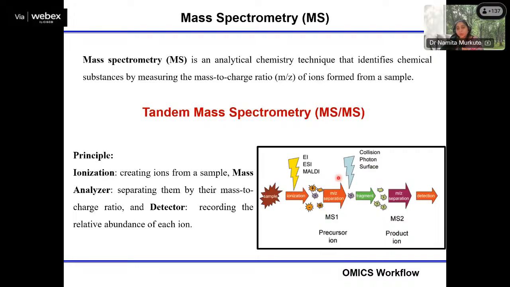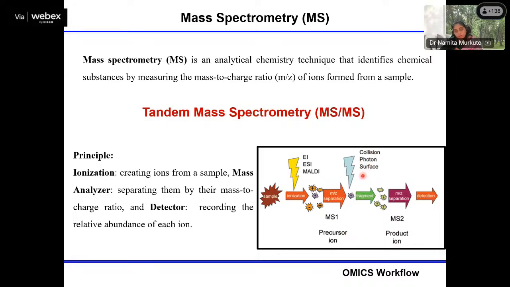Means there are two mass analyzers attached, MS1 and MS2. As I have told, the parent ion enters this, it gets separated, and then again the second stage analyzes this parent or precursor ion. This is done by collision.